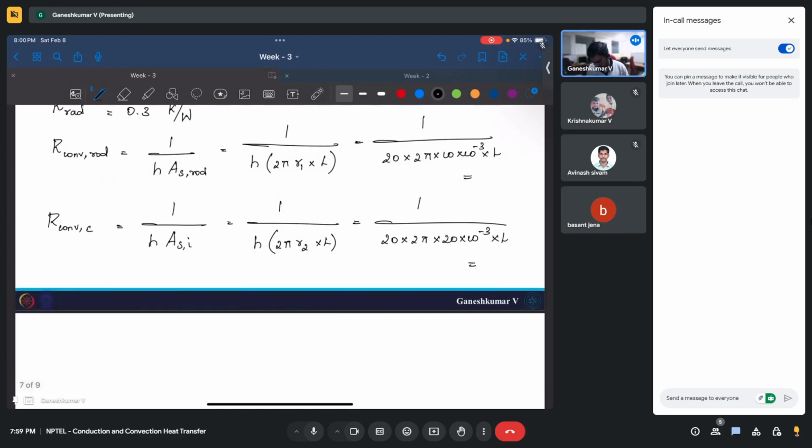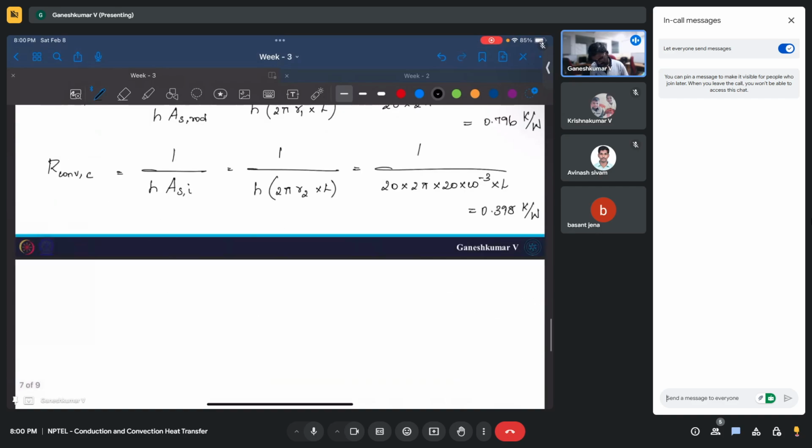So is this something like 0.796? I'm getting something like 0.796. Please let me know if this is wrong. If that is the case, the other is going to be 0.398 Kelvin per watt.